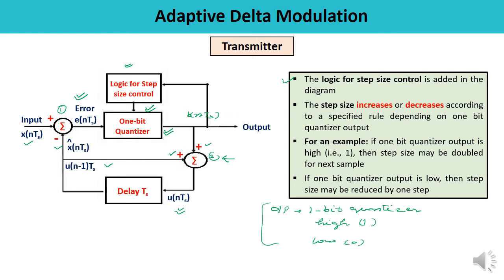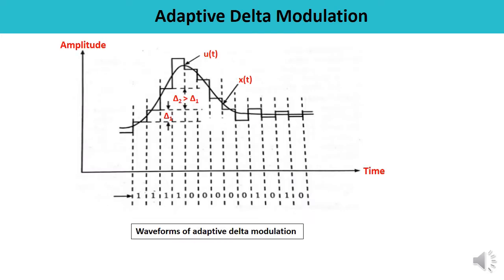So accordingly you can plot the staircase waveform of the adaptive delta modulation and the sequence of bits which will be transmitted accordingly. So you can understand in this way, you can explain the transmitter section over here. This is the waveform which shows the staircase waveform of the adaptive delta modulation and the sequence of bits which is to be transmitted.